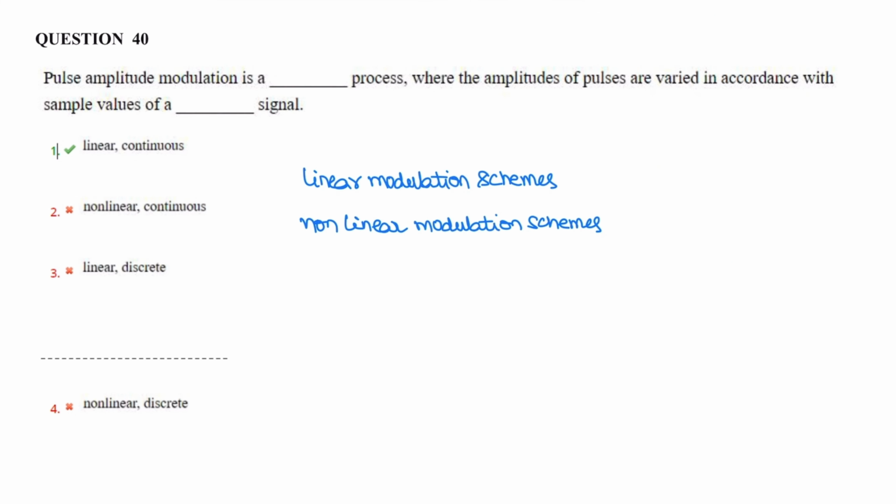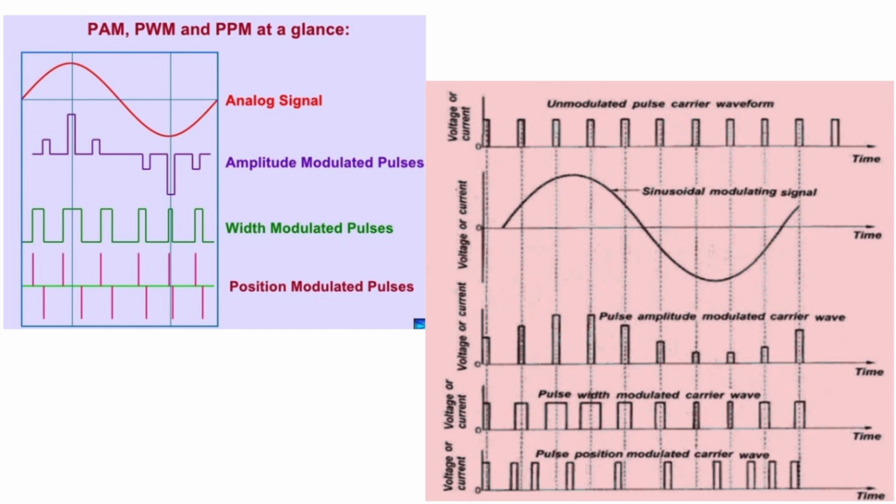Next question. Pulse amplitude modulation is a linear modulation scheme where the amplitude of pulses is varied in accordance with the value of the message signal, samples of a continuous signal. So this is a waveform for a PAM signal. In pulse amplitude modulation, the amplitude of the pulses is varied in accordance with the amplitude of the message signal.